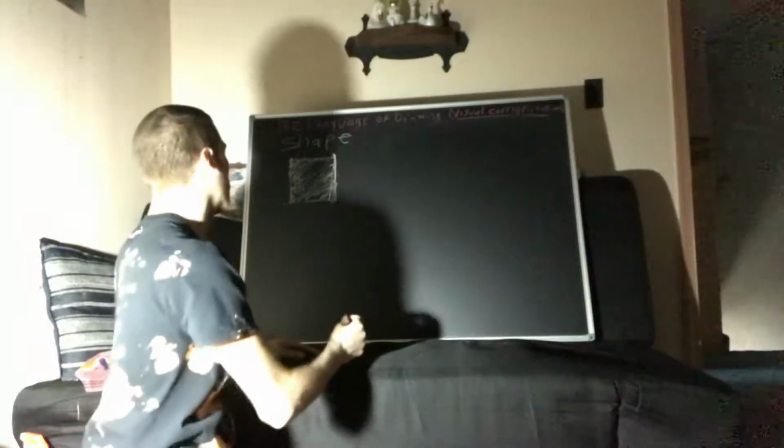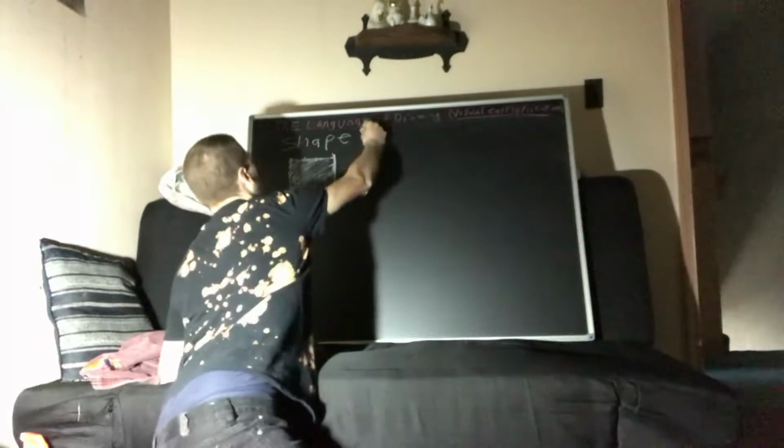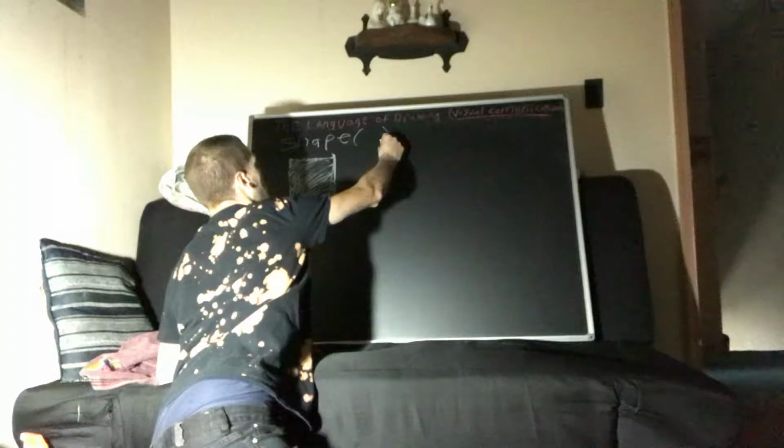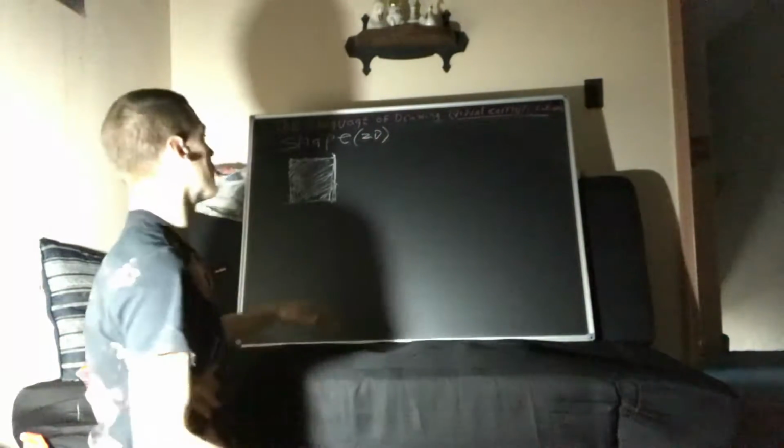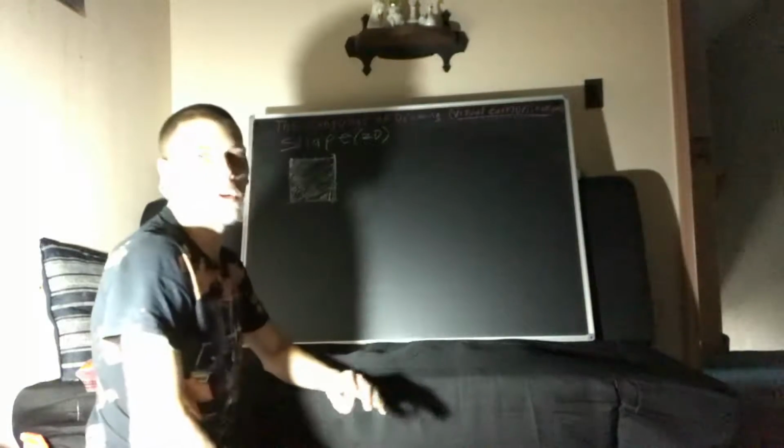Again, the lighting really sucks, but I'm working on it. So this is a square, not to be confused with a cube. We're talking about shape, which is not three-dimensional, it's two-dimensional. So it's 2D, abbreviated, right?